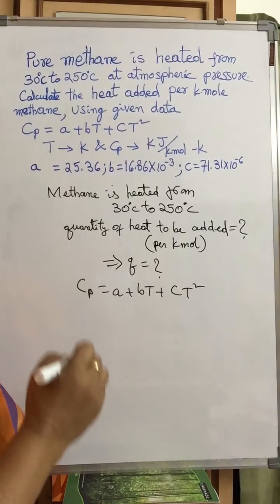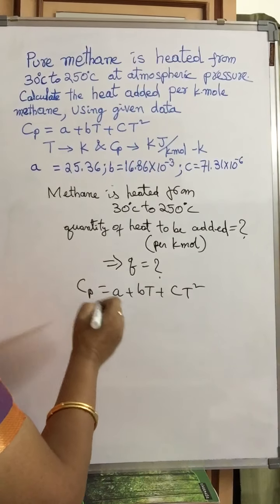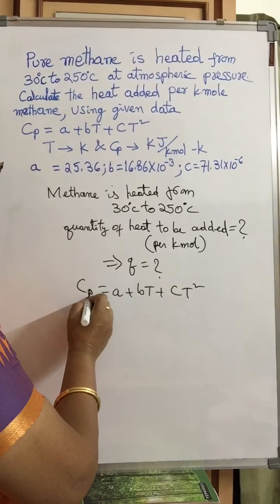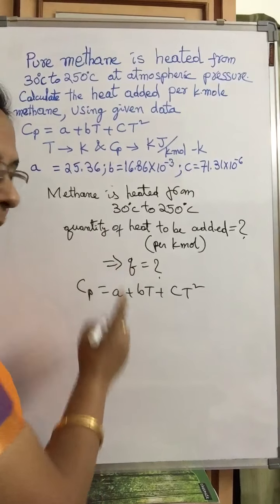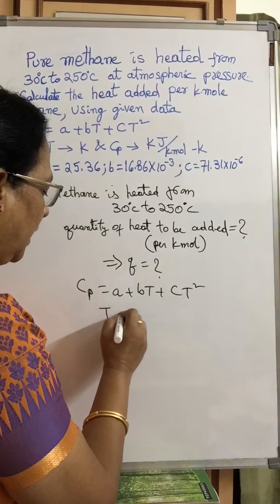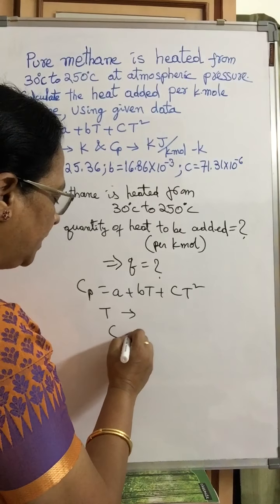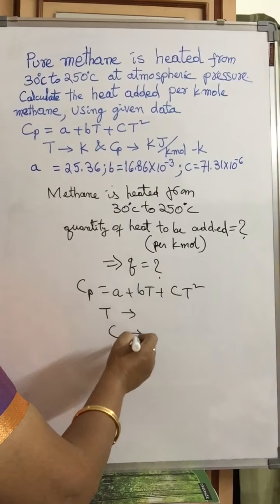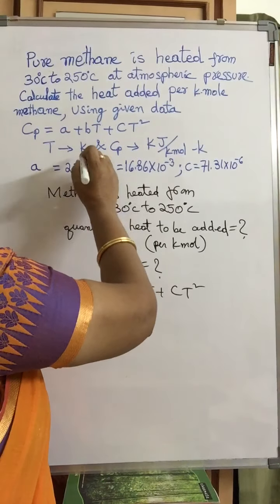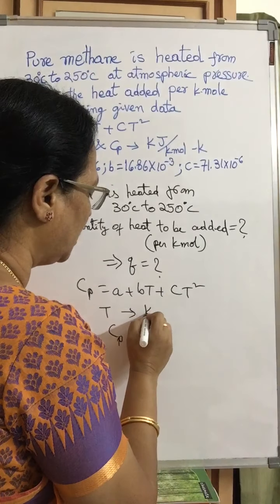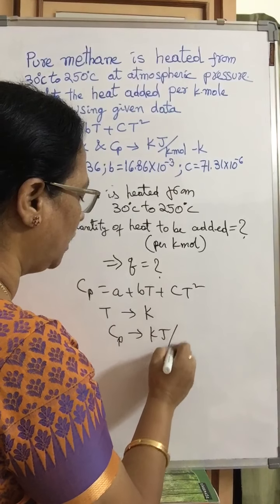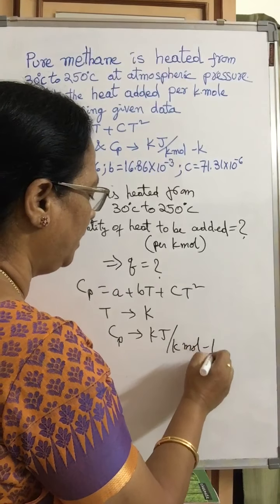Here you need to remember one very important point. Whenever you find an equation like Cp equals A plus Bt plus Ct square, immediately you should observe the units of T and Cp. What units are mentioned in the problem is important. T is mentioned in Kelvin and Cp in kilojoules per kilomole per Kelvin.